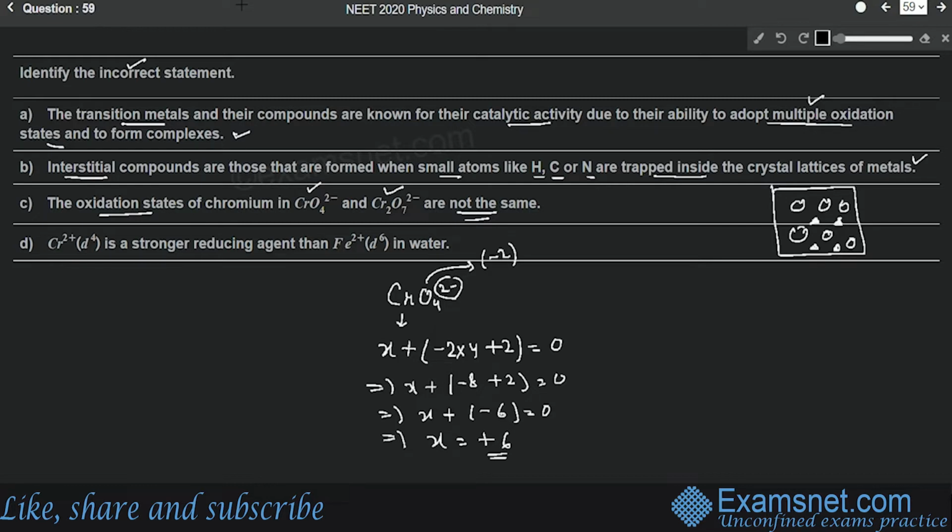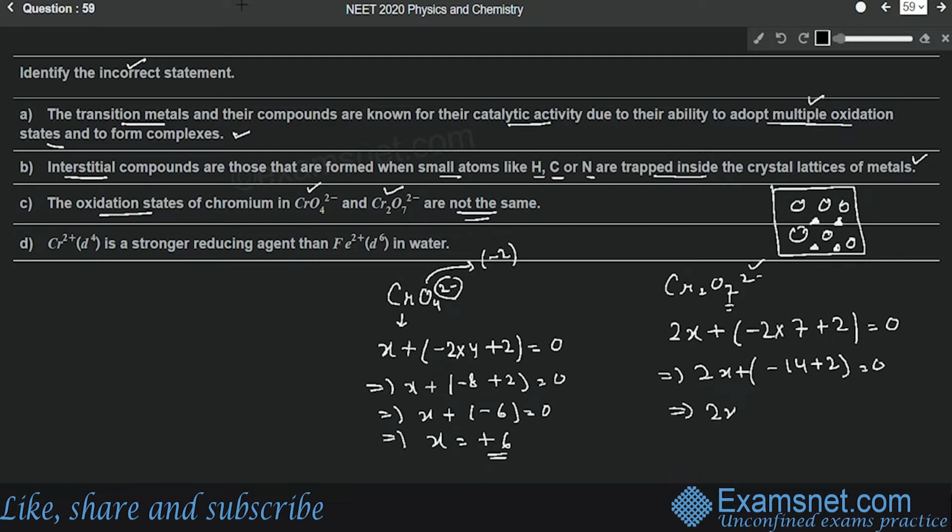Now we'll check for Cr2O7 2-. Here we have two chromium atoms, that means we'll write 2x, plus, what is the oxidation number of oxygen? -2. Here 7 oxygens are there, so -2 into 7 plus 2 for this charge, and the sum will be 0. So 2x, here we have -14 plus 2 equals 0.